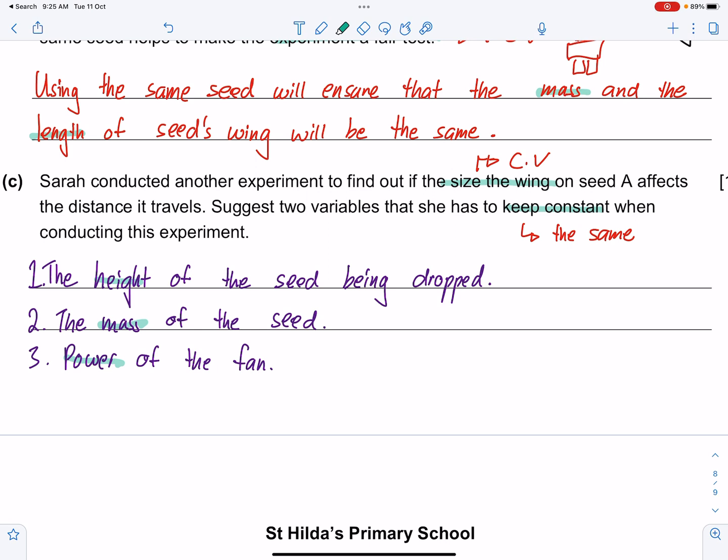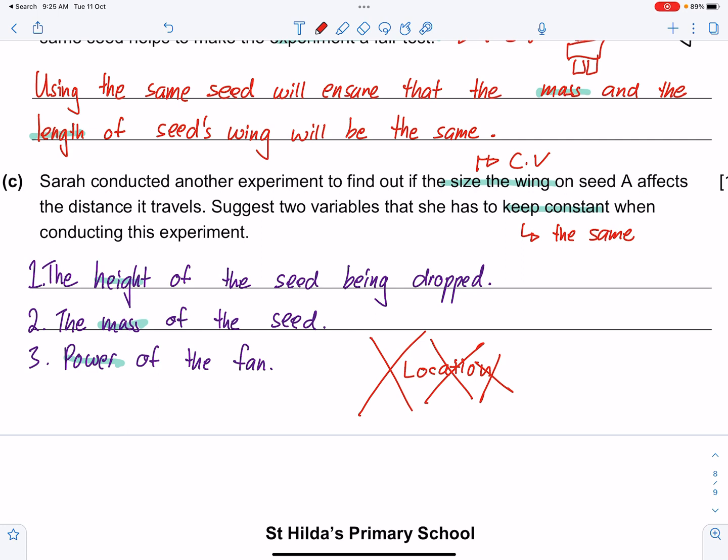Check your paper. Did you write location? I'm going to write it here. Please put a very big X on location. This is not good, wrong. Why? So for example, if I'm conducting a photosynthesis experiment, I say conduct the experiment in the lab, and you say same location.